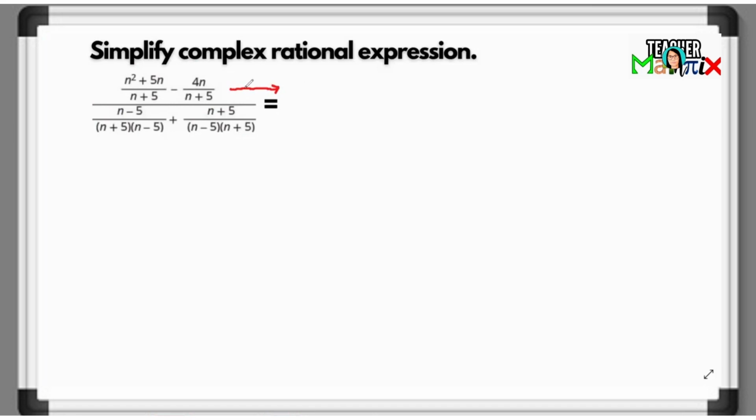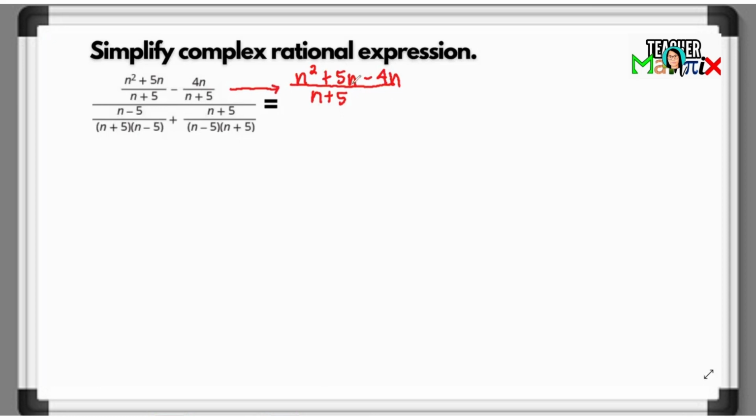So just simply copy this common expression, which is n plus 5. Then copy also these expressions above. So n squared plus 5n minus 4n.